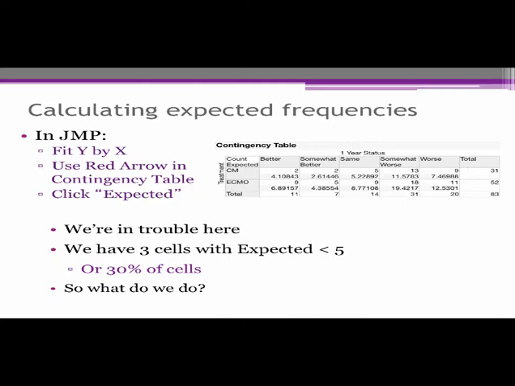And in the ECMO group, we see they're all greater than 5 except the somewhat better. So we have 3 cells here with an expected count less than 5. So we're in trouble because 3 cells out of 10 is 30% of cells, and that's more than 20%. So our rule is violated. So we cannot use our large sample chi-square test here. So what do we do?